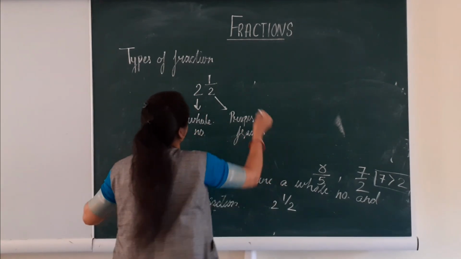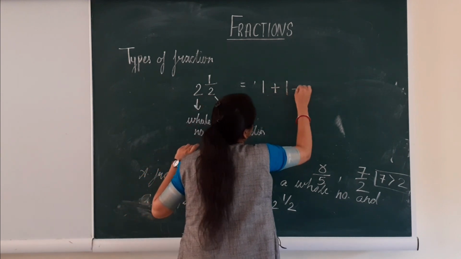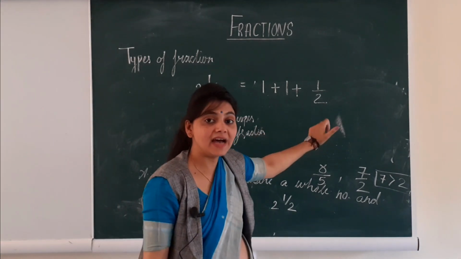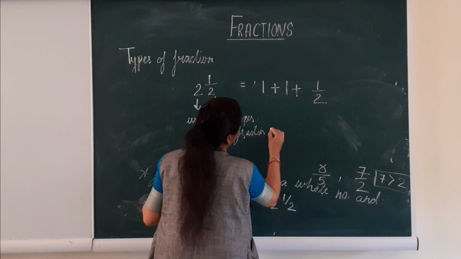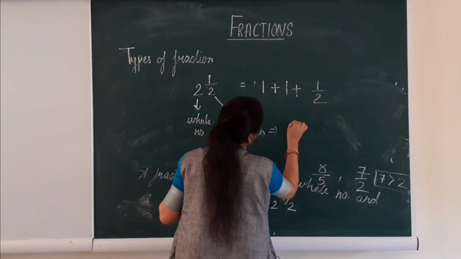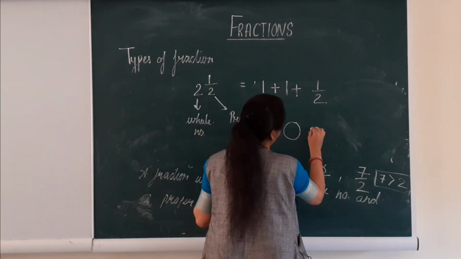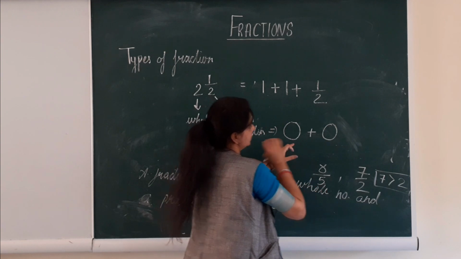So here 2 means 1 plus 1 plus half. We will indicate it with the help of diagram also. One portion means this is the complete portion, plus one more complete portion.